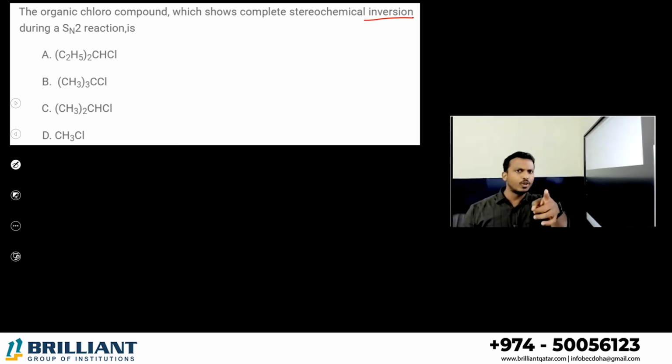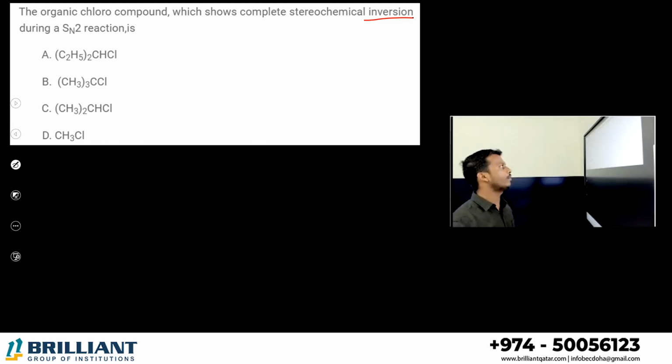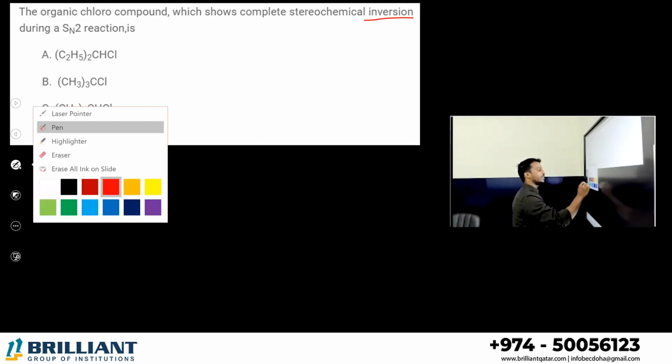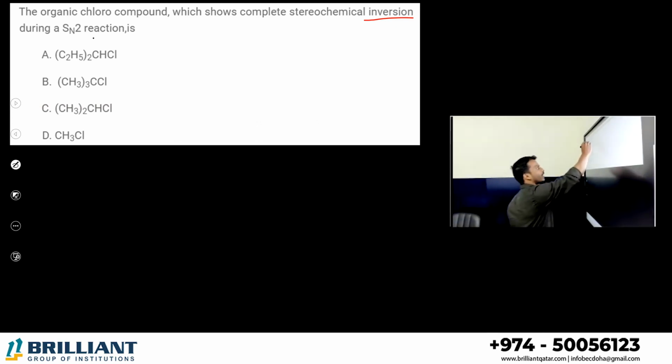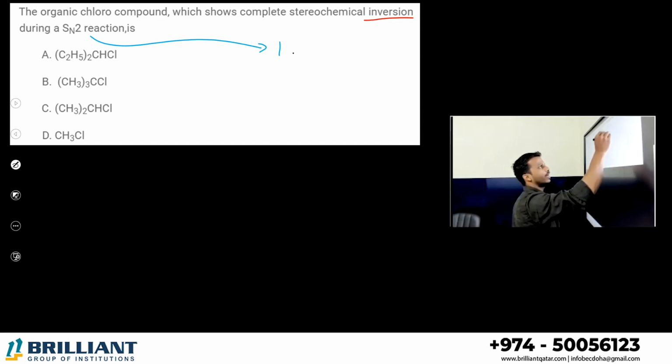The next one: the organic compound which shows complete stereochemical inversion. Inversion happens in the SN2 mechanism; racemization happens in the SN1 mechanism. We discussed this in part 1. The question is simple: which will undergo SN2 reaction faster? The reactivity order of SN2 is primary greater than secondary greater than tertiary.